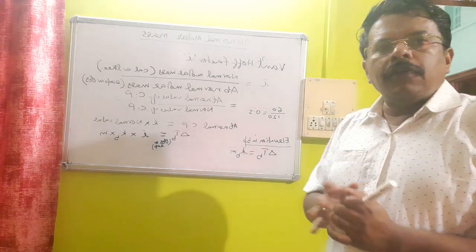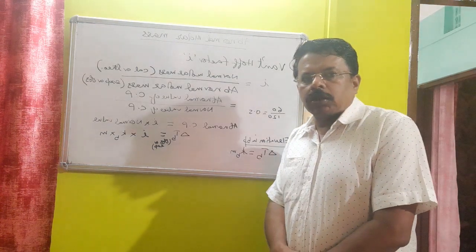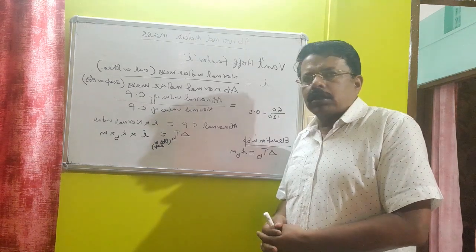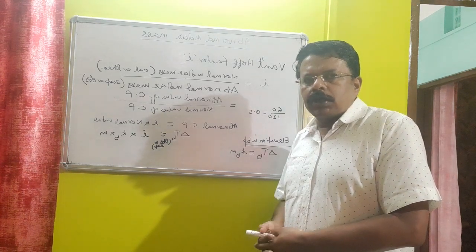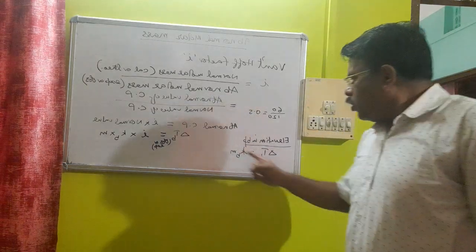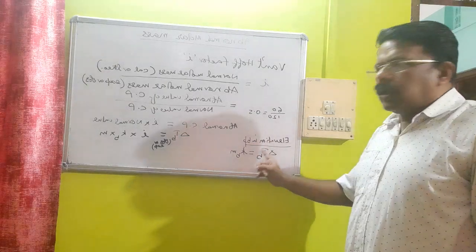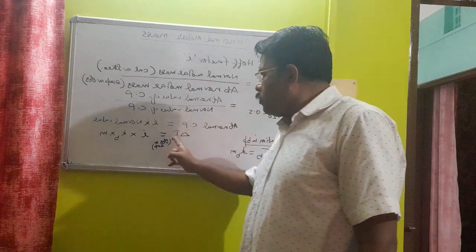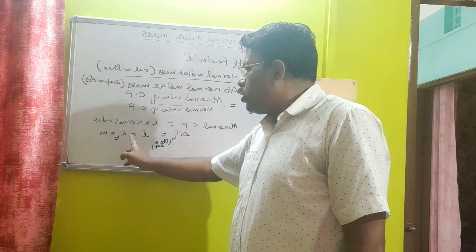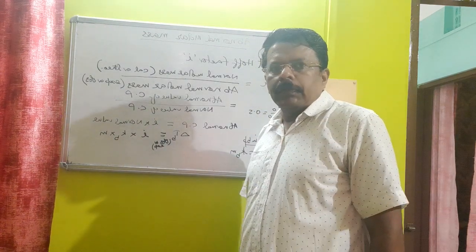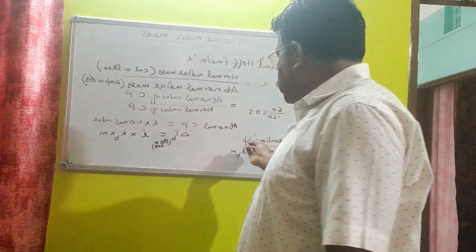That means if it is said in the question while solving a numerical that there is association or dissociation taking place, then you cannot use the normal relation. The relation that you have to take is delta Tb is equal to i into Kb into m. That means the relation gets modified.